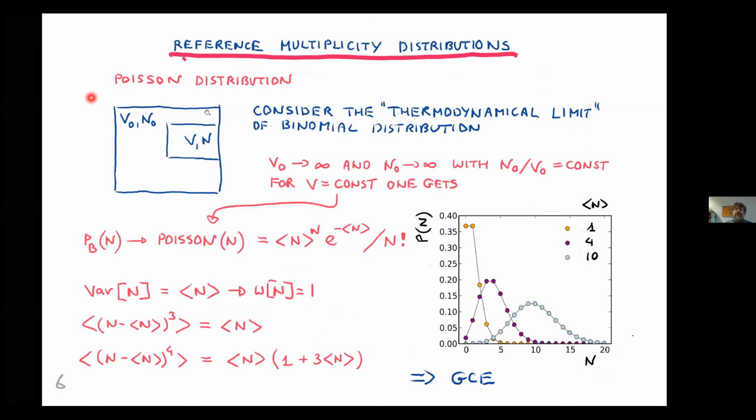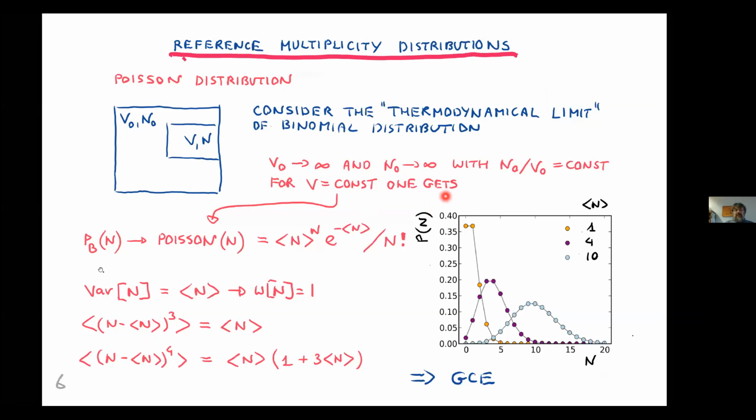Now, the Poisson distribution. The same box, the same subvolume, but we now consider the opposite limit, not V going to V0, but the so-called thermodynamical limit of the binomial distribution. We say V0 and n0 go to infinity. My V0 box, its volume goes to infinity. n0 also goes to infinity, but such that n0 over V0 is constant. But we keep V constant as well.